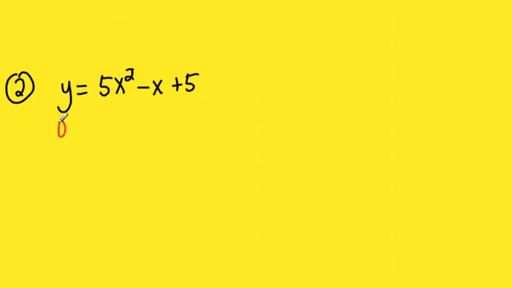Now let's find the x-intercepts of this one. First rule is you're going to put 0 in for y, and then you're going to try to factor. There's no GCF there, and I can't factor that. We're just going to skip over trying because it won't work. When you're doing this by yourself, you do need to try to factor.